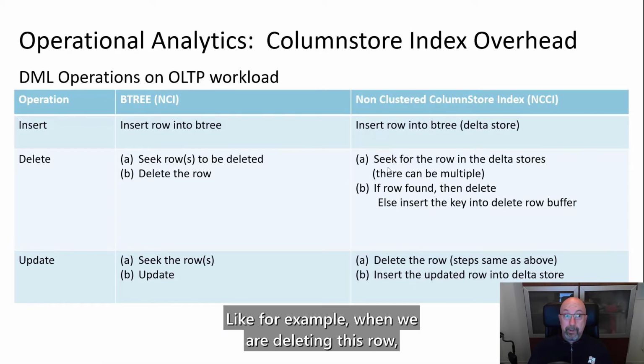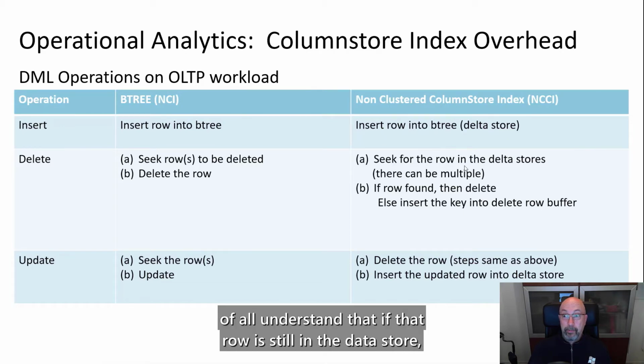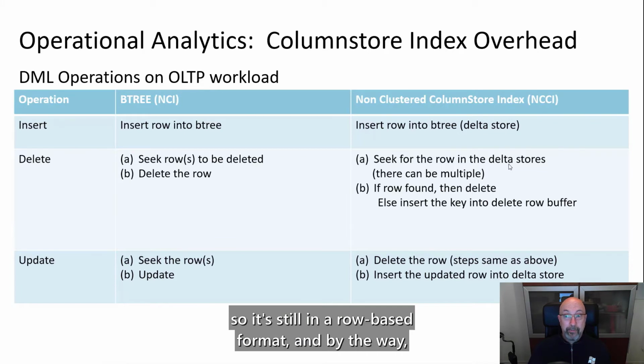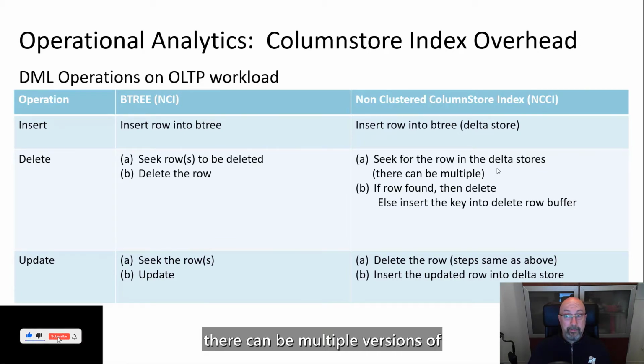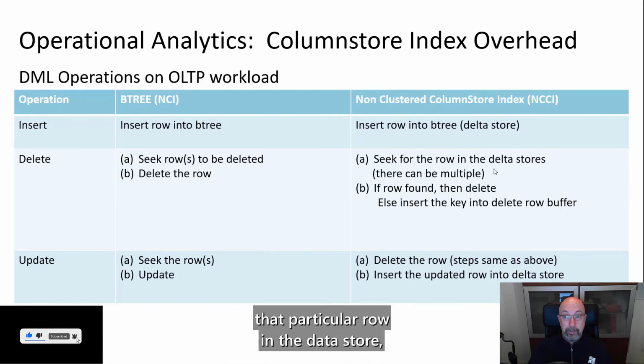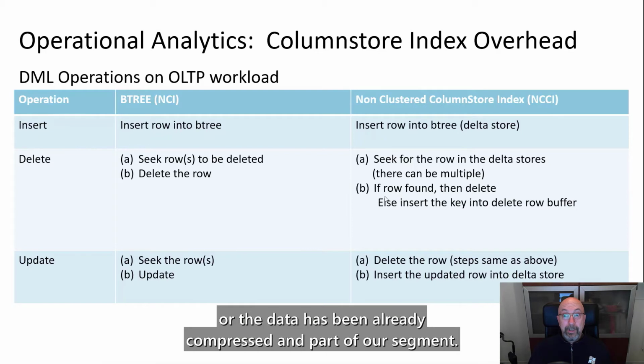For example, when we are deleting a row, we need to first understand if that row is still in the delta store, so it's still in a row-based format, and by the way, there can be multiple versions of that particular row in the delta store, or the data has already been compressed and is part of a segment.